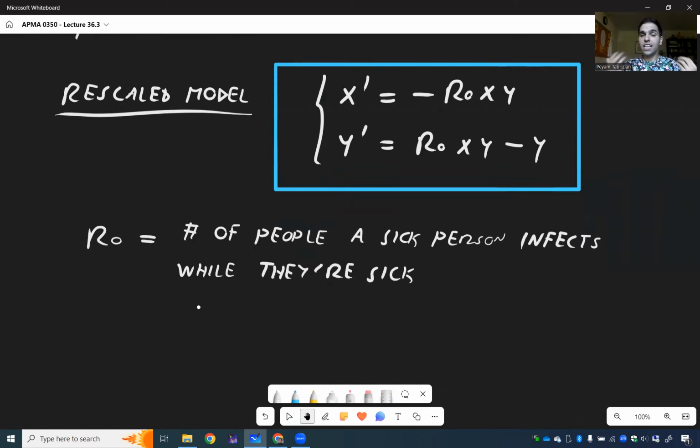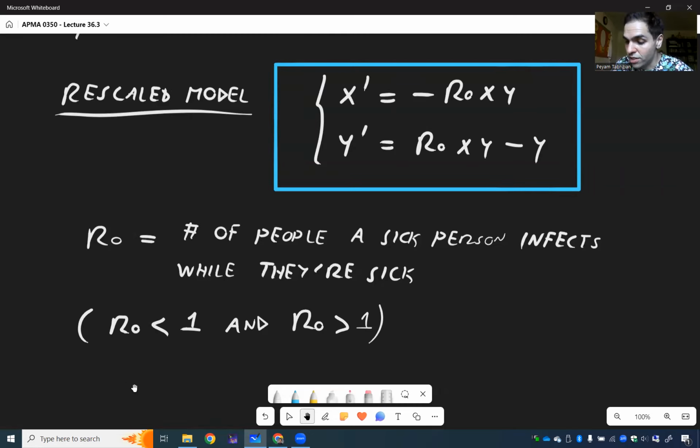And you will see it'll be very useful to consider the cases where one sick person infects either no one or at most one person, and where a sick person infects 2 or more people. So that will be the good case and the bad case respectively.